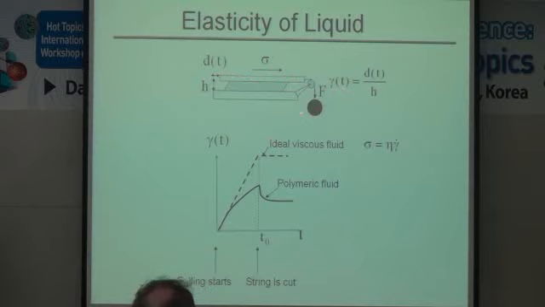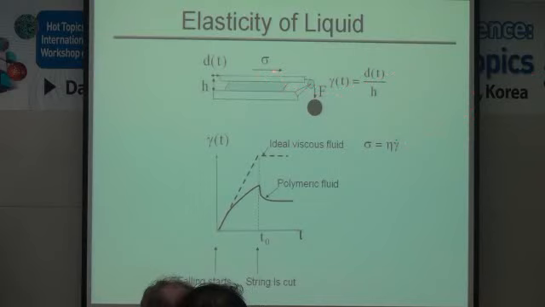The ratio of this displacement divided by the gap distance is called the shear strain, and the force acting on the unit area of the top plate is called the shear stress.